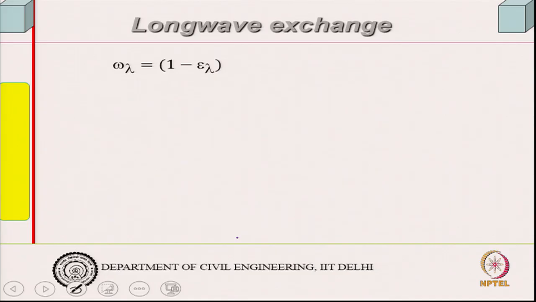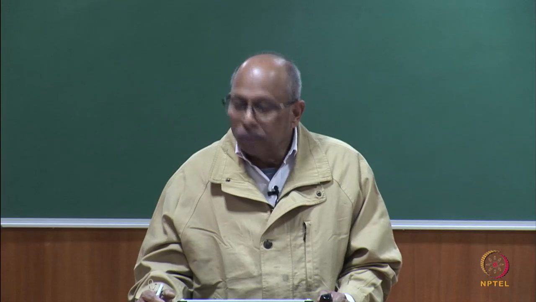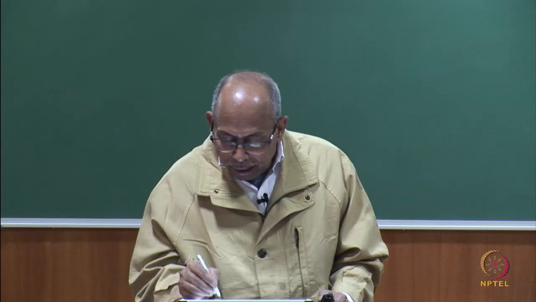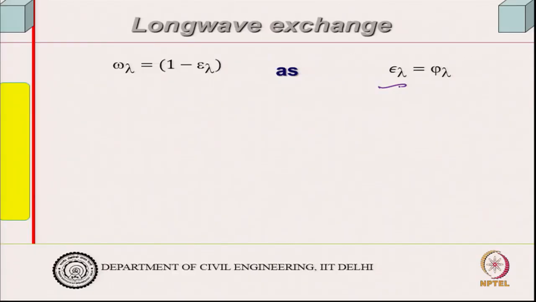Long wave radiation: we have said that emissivity at a given wavelength must be equal to absorptivity at the same wavelength. Therefore, reflectivity, since we are assuming the earth is opaque, so whatever long wave radiation comes into it, nothing will pass through it, it will be reflected back.